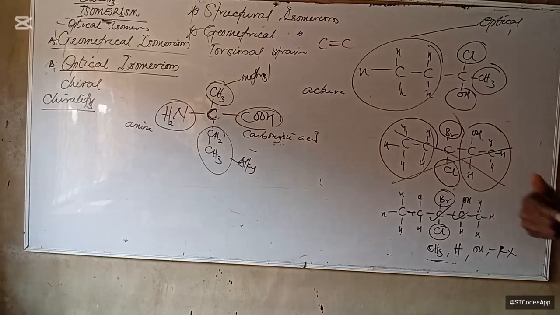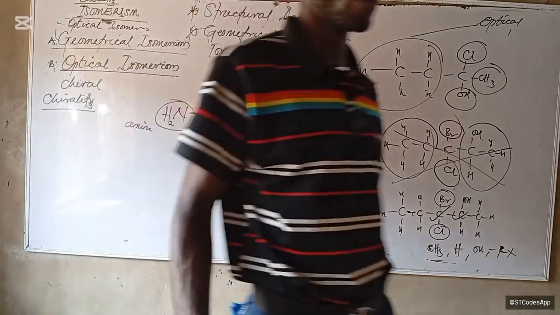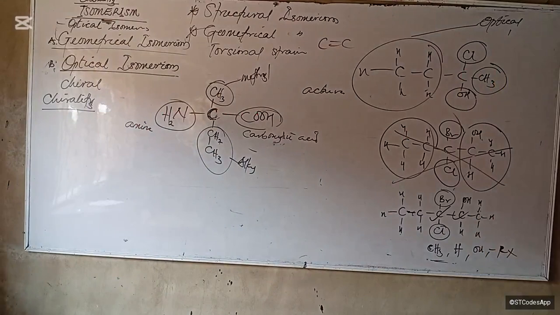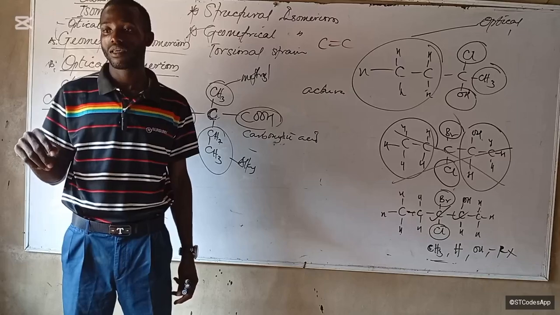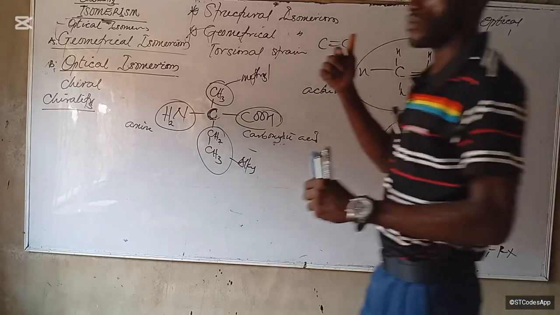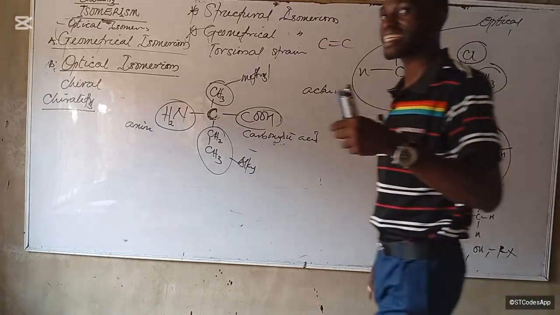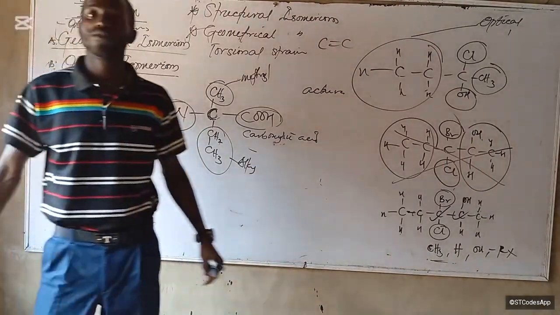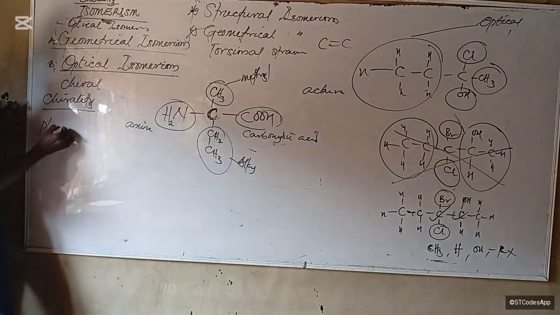Optical isomerism is the ability of a molecule with a chiral carbon to rotate plane polarized light. To rotate what? Plane polarized light.